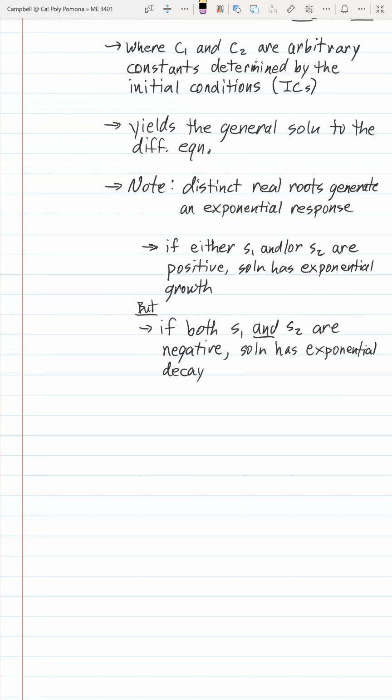And why is that important for us? Because we as engineers generally cannot tolerate systems that have exponential growth associated with their response.